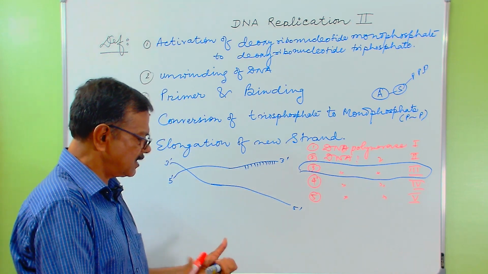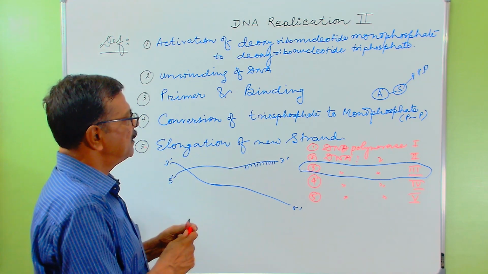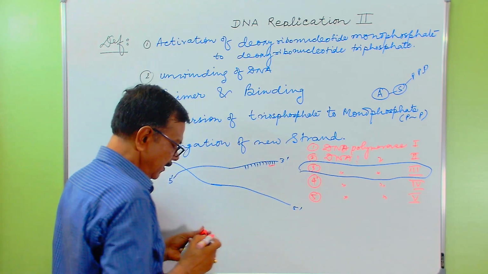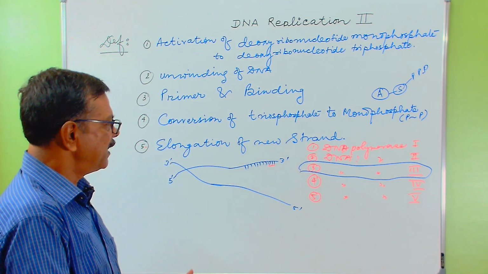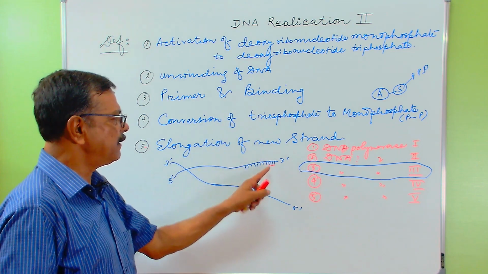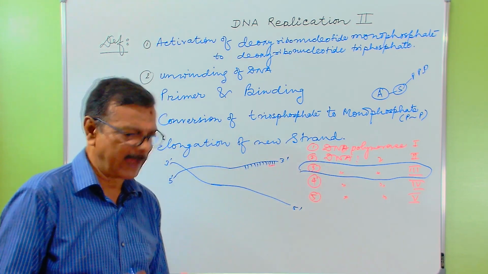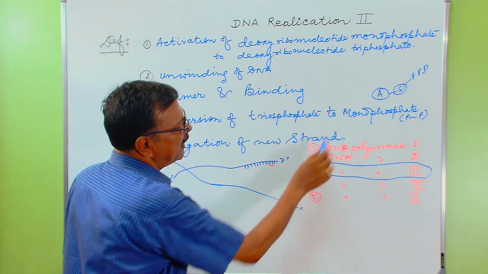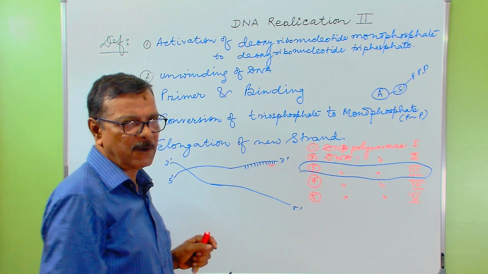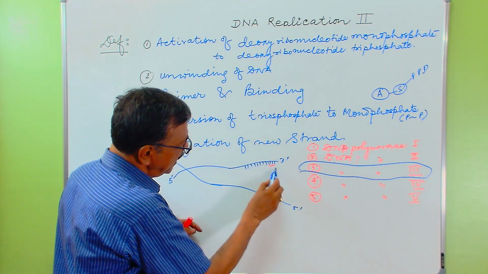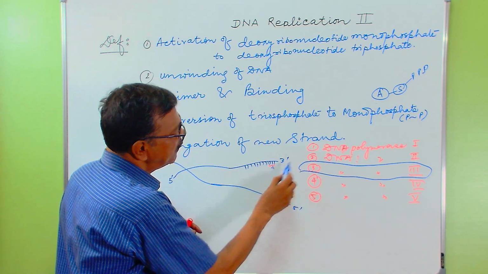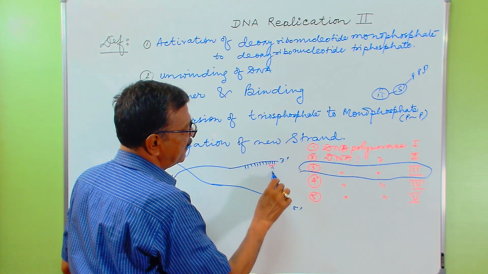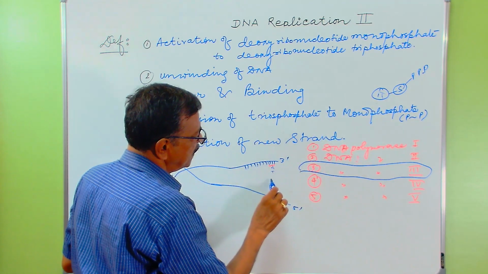So here the primer first attaches itself, which I have told you earlier. Until and unless the primer attaches here, DNA polymerase cannot act. So DNA polymerase 3 starts coming here, taking the triphosphate. Suppose it is A, the T triphosphate will come here, along with the sugar and phosphate bond.